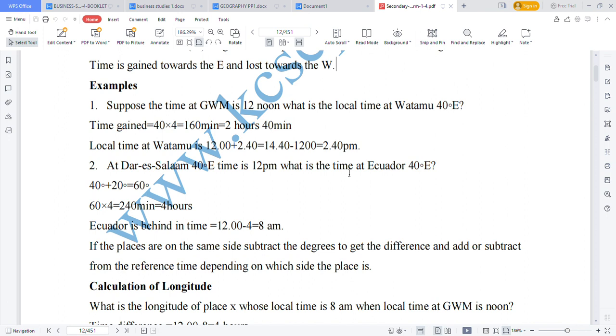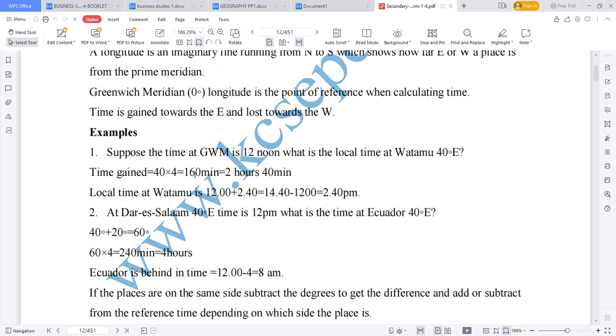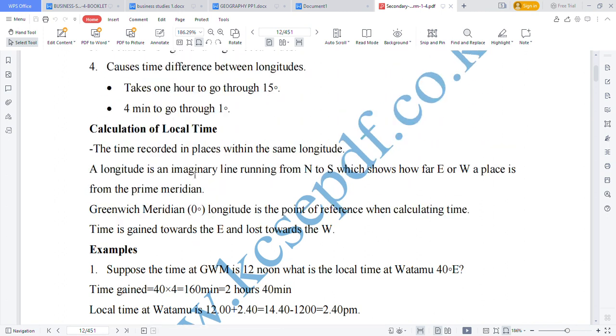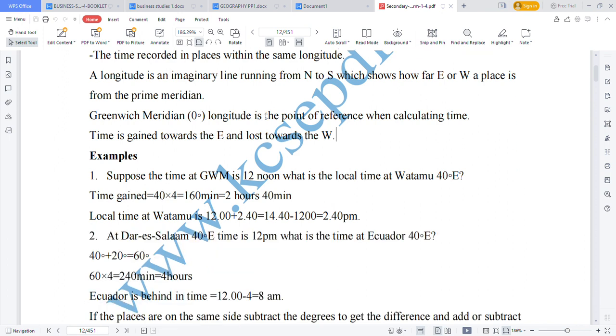We are told, suppose the time at GMT is 12 noon. What is the local time at Watamu 40 degrees east? The very first thing you're supposed to know: time is gained to the east and lost to the west. It takes 1 hour to go 15 degrees, which also means it takes 4 minutes to go through 1 degree.